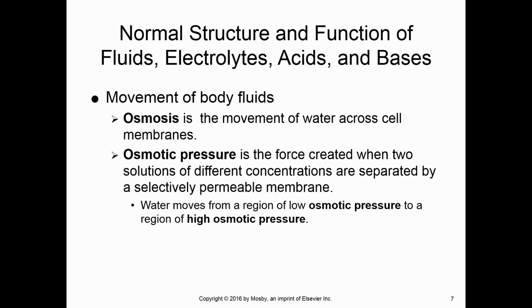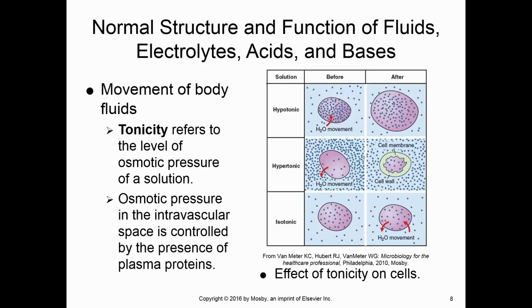So as we said, osmosis is the movement of water across the cell membrane, and the side of that membrane that has the most solutes has the most osmotic pressure. So, again, water moves from lower osmotic pressure or lower solutes to a higher osmotic pressure or higher area of solutes.